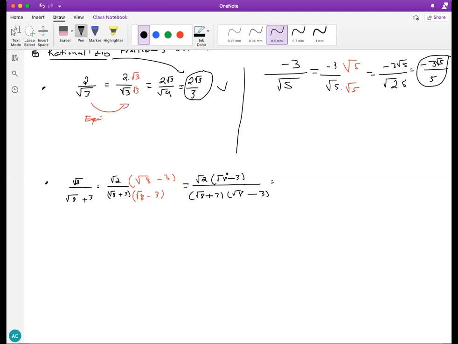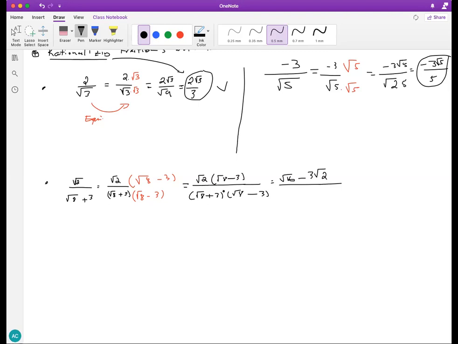Radical 2 times radical 8 is? Radical 16, that's 4. And here, radical 2 times negative 3 would be negative 3 radical 2. Because this one doesn't have a radical, that's why we didn't multiply 2 and 3.